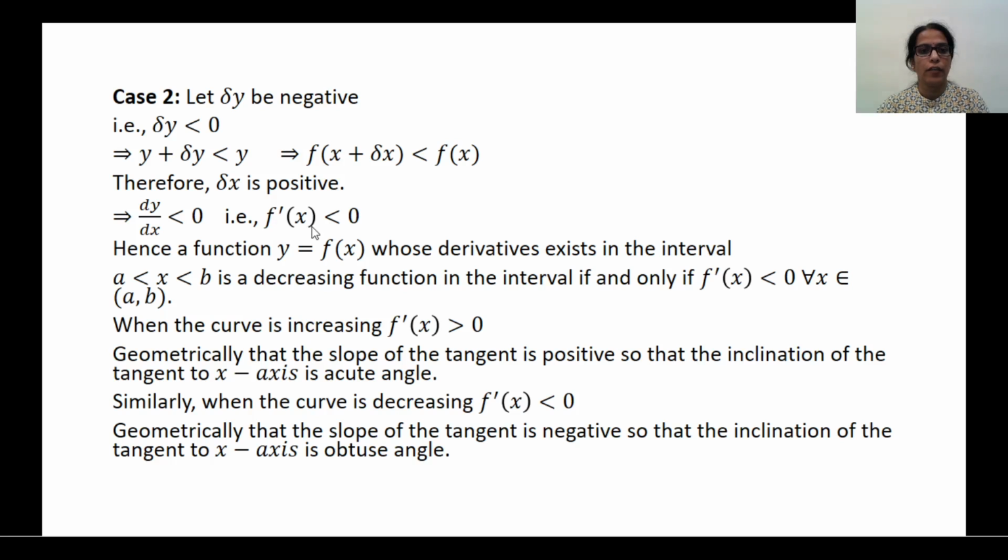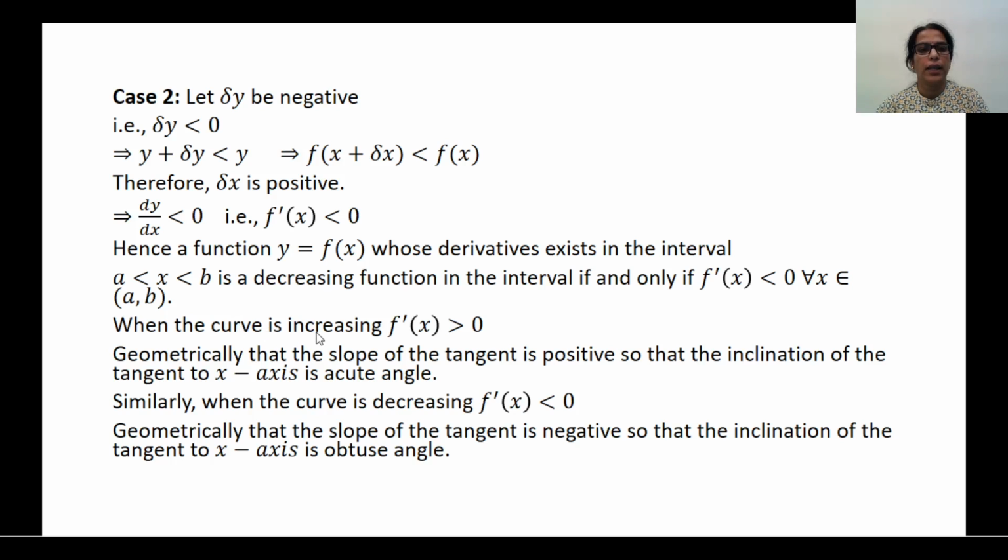That is f dash of x less than 0. Hence, the function y equal to f of x whose derivative exists in the interval a comma b is a decreasing function in the interval if and only if f dash of x is less than 0 for all x belongs to a comma b.